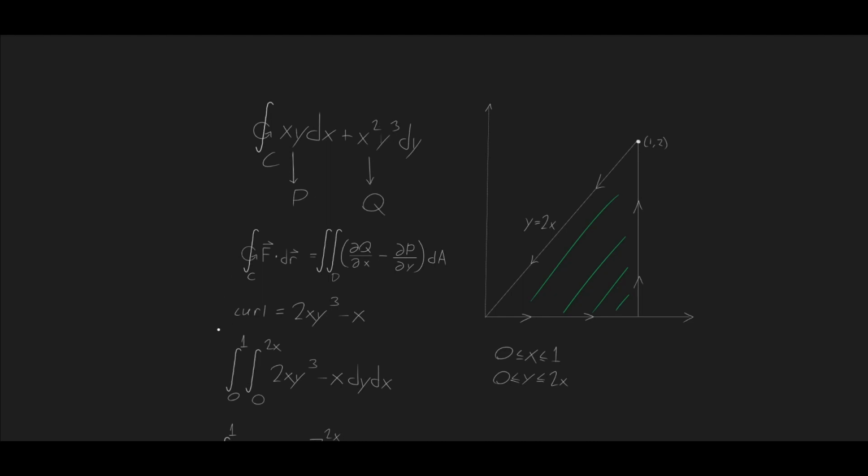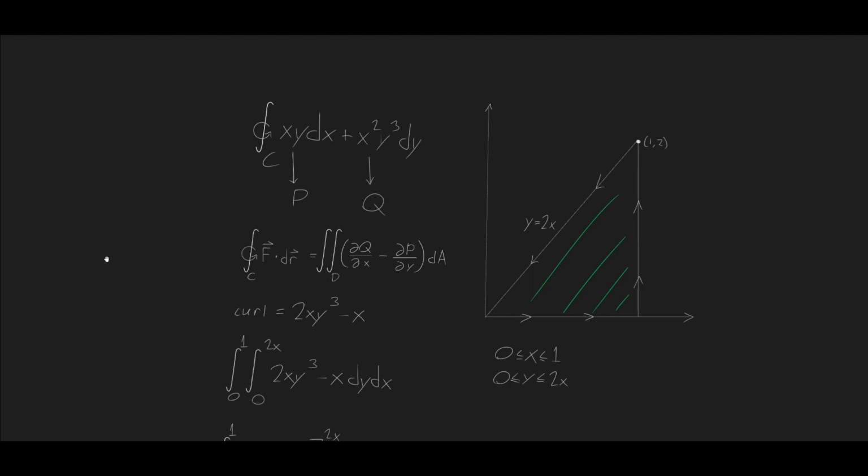Remember that the curl is the partial derivative of Q with respect to x, or 2x y cubed, minus the partial derivative of P with respect to y, or x. So our curl will be 2x times y cubed minus x.